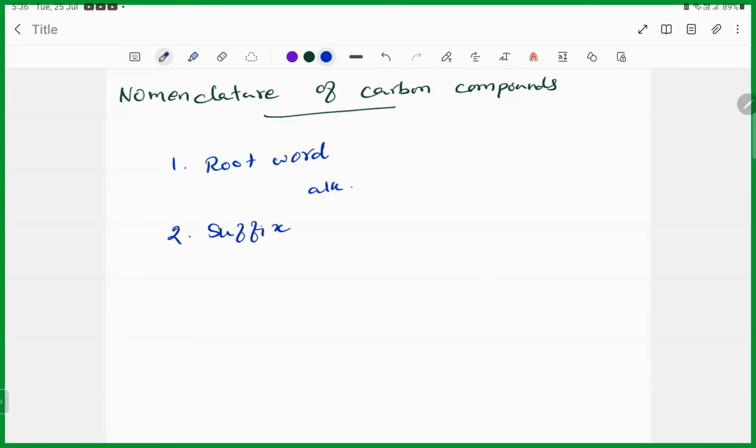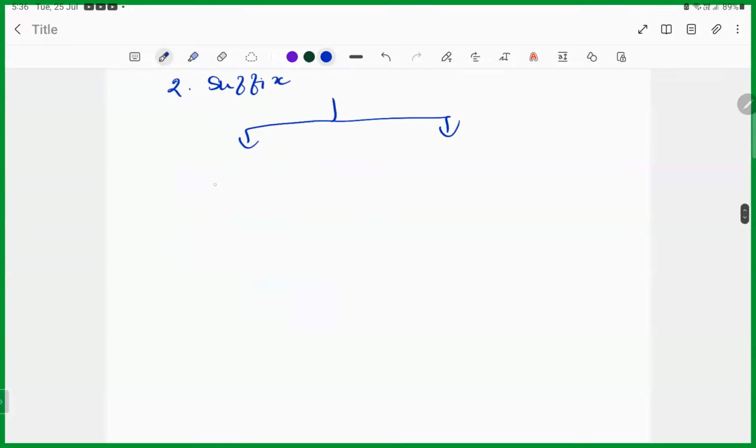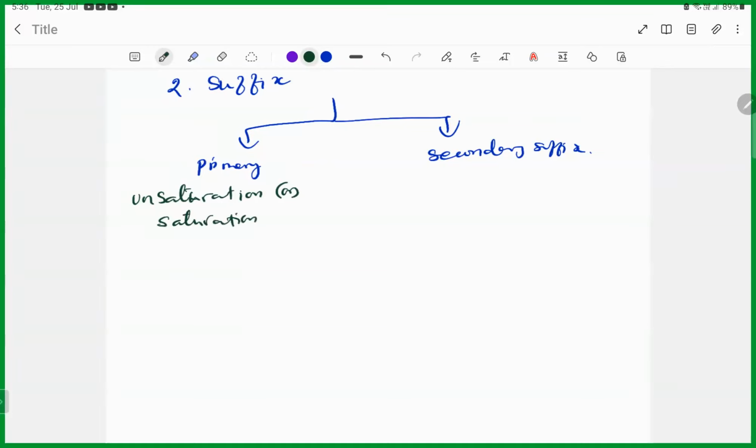What should the name end with? There are two suffixes: the primary suffix and the secondary suffix. Primary suffixes are added to the root word to show the degree of unsaturation or saturation in the carbon chain.